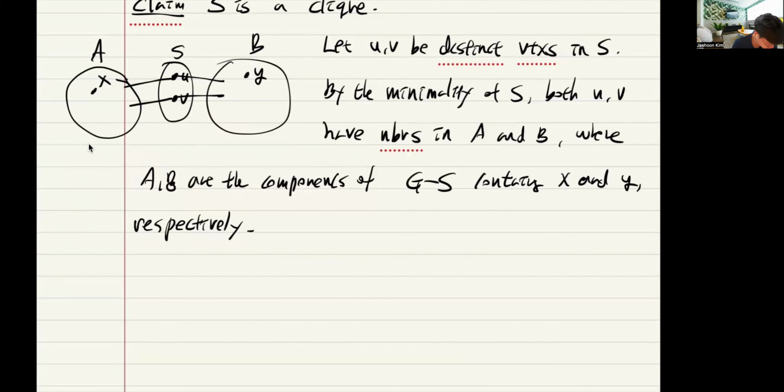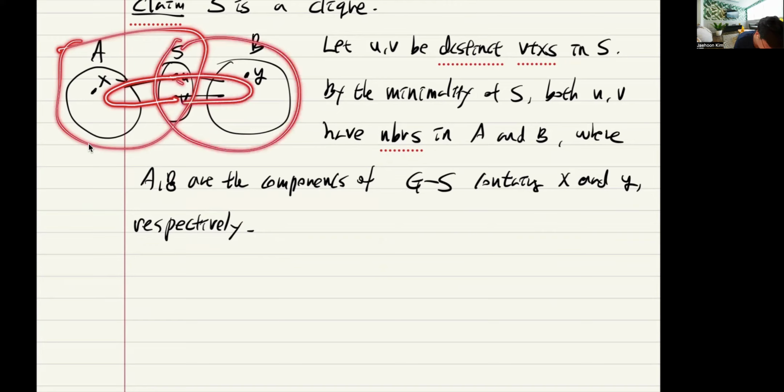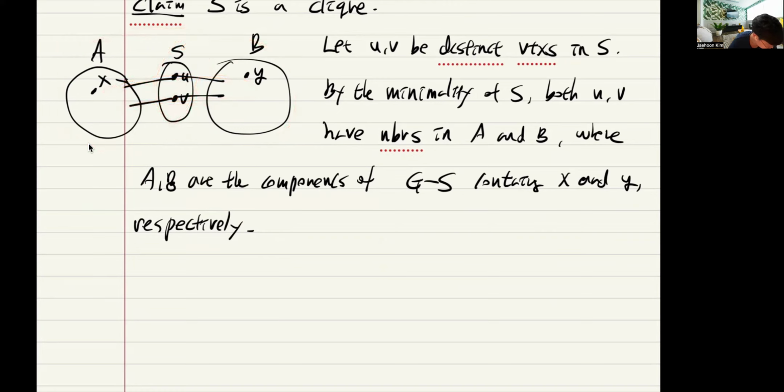Okay, then what do we do? You take this graph and then take the shortest path between U and V through A. Okay, let me restate.